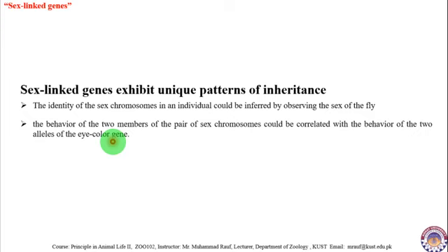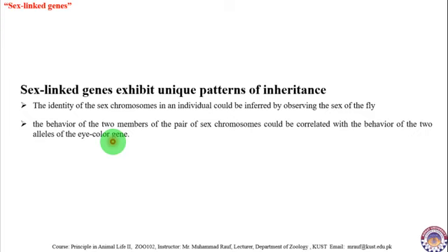In that case, he crossed red-eyed females with white-eyed mutant males, and at the end of the experiment, he concluded that the behavior of the genes which determine eye color is related with the sex of the Drosophila melanogaster, meaning the offspring having the mutant eye color, that is white-eyed color, were all males and none of the females had white eye color.